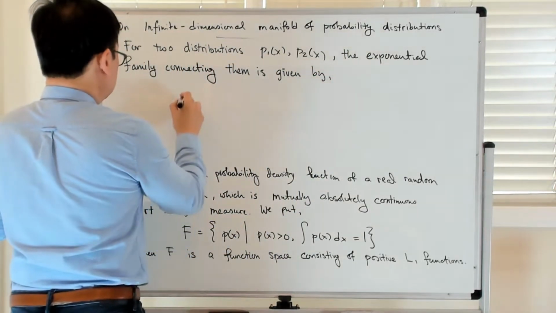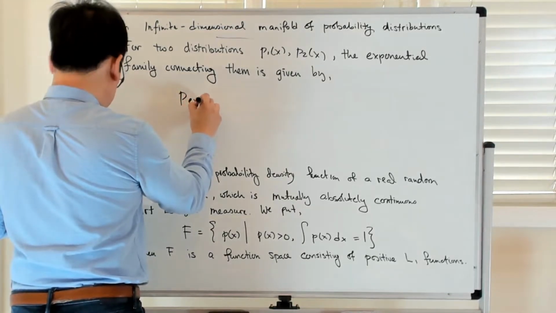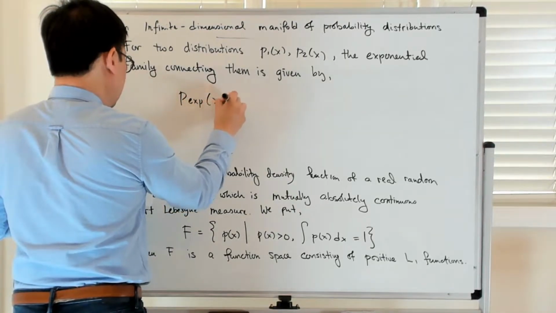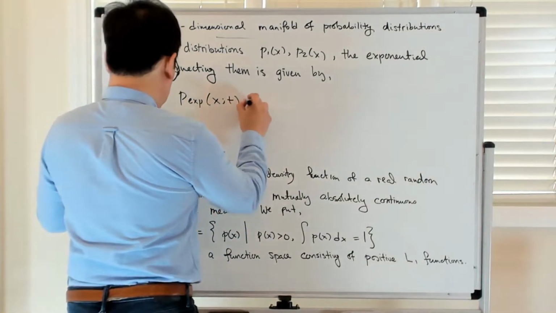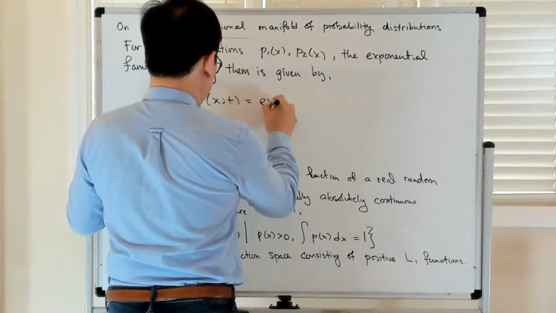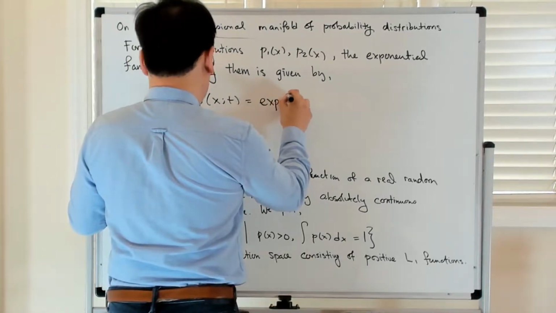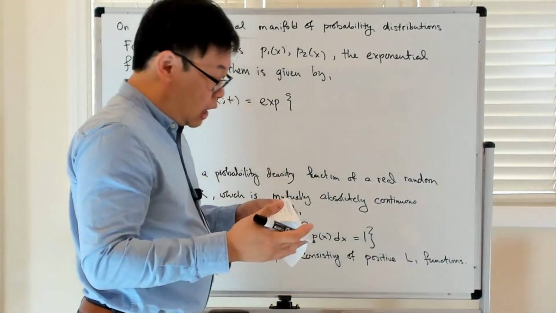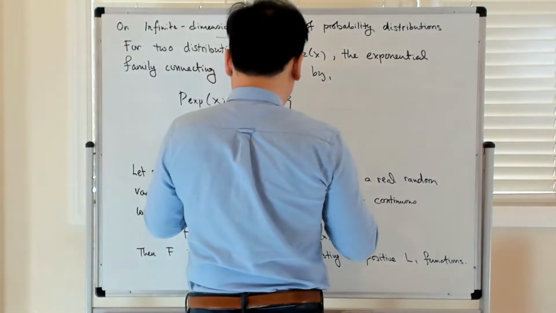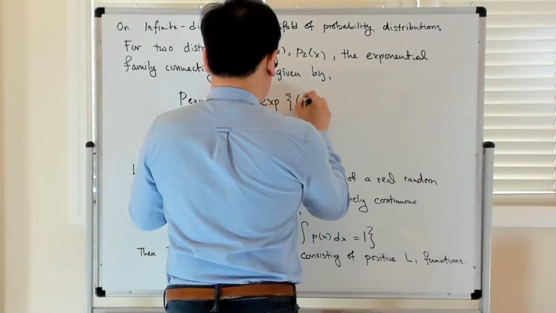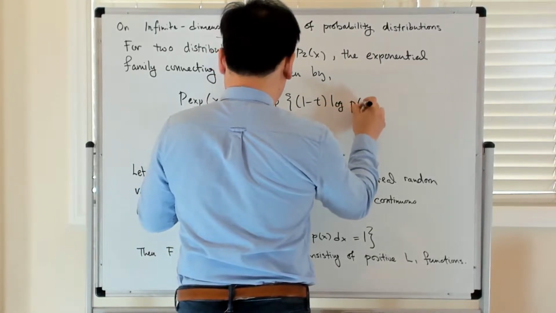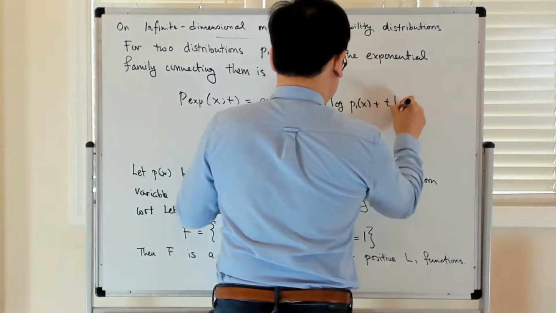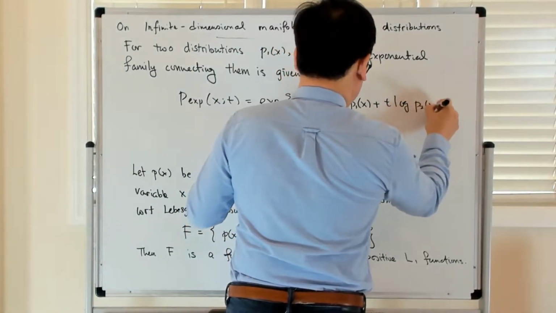P exponential of x, with a parametric dependence on t, is the exponential of the convex combination of the logs of the probability, as you might expect. So (1 minus t) log P1 of x plus t log P2 of x.